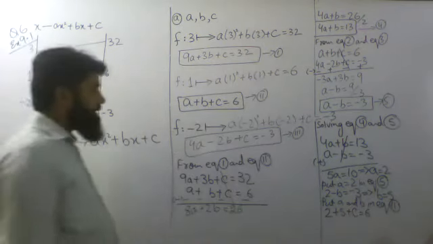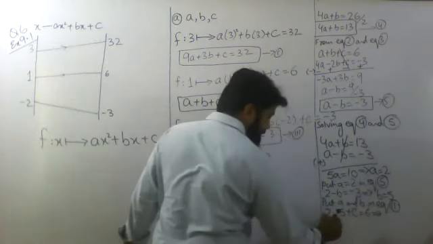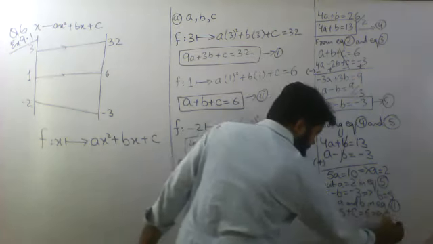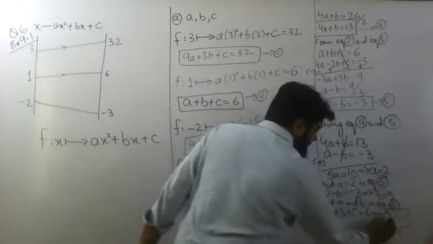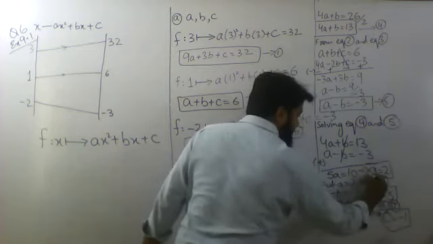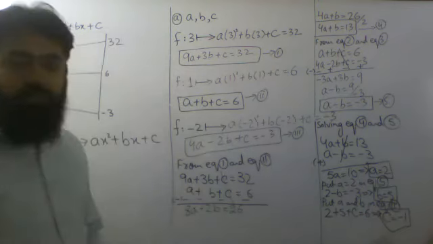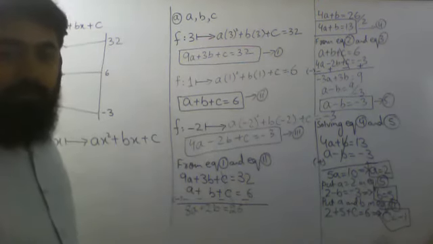So when I simplify it, the result is going to be C equals minus 1. These are my answers, which I am marking over here: A equals 2, B equals 5, and C equals minus 1.